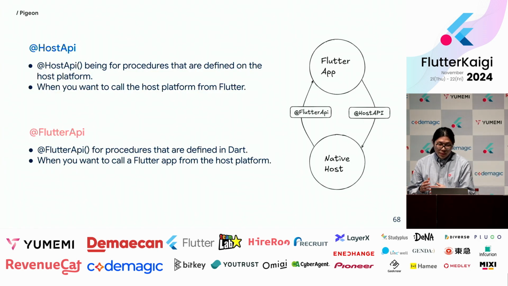We can use the HostApi and FlutterApi annotations. HostApi is used when you want to call native functionality from Flutter, whereas the FlutterApi annotation is used when you want to call the Flutter app from the host platform.